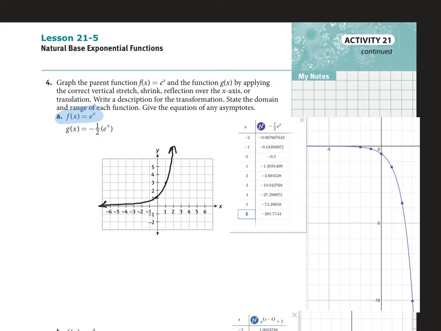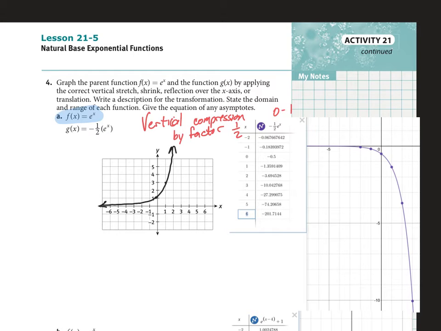But when we drop the 1/2 in front, since it's outside of the parentheses, it's a vertical movement. And since it's multiplication, it's either a stretch or compression. Since the number is between 0 and 1, that makes it a compression. So this is a vertical compression by a factor of 1/2.